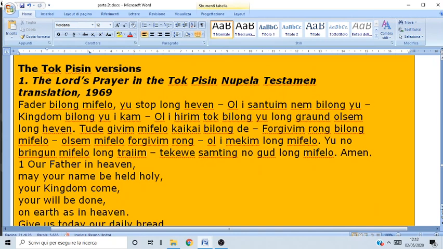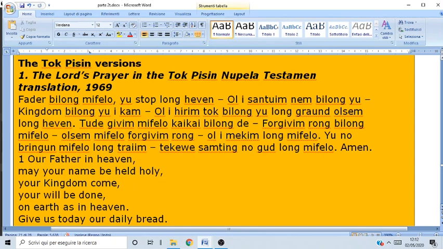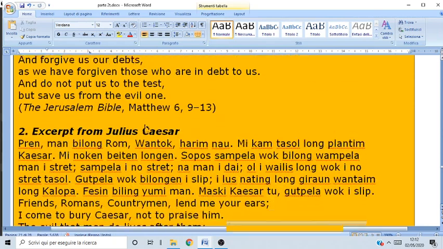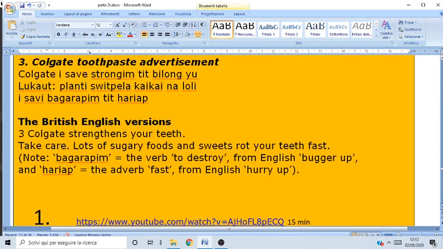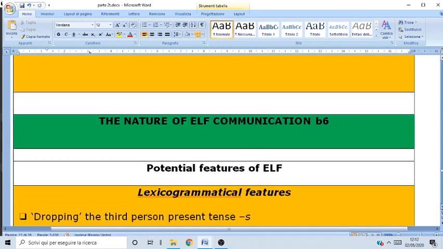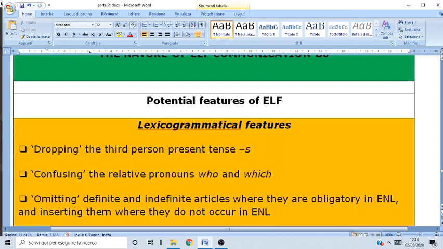And we looked at the Tok Pisin versions of some texts, some excerpts. And that was the end of it.